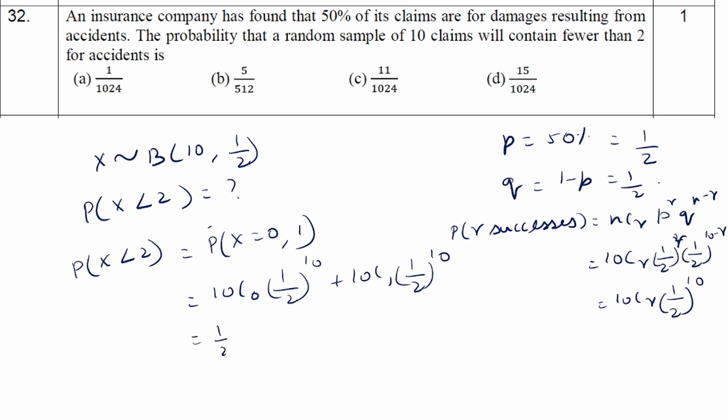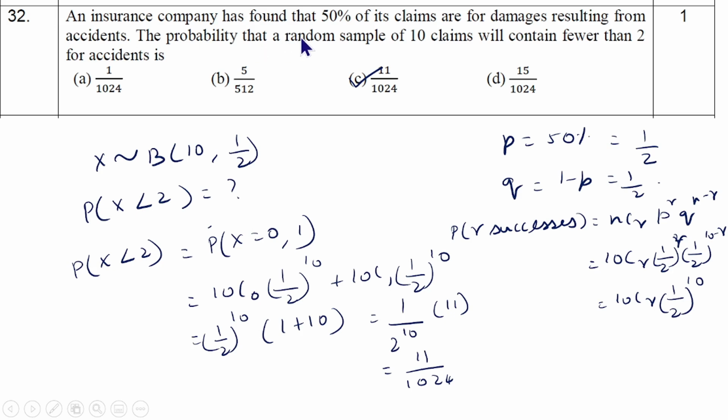So it is equal to half raised to 10 into, here 10C0 is 1 and 10C1 is 10. So it is 1 plus 10. So this is equal to 1 by 2 raised to 10 into 11. Now 2 raised to 10 is 1024. So this is equal to 11 upon 1024. So the correct option is option C.